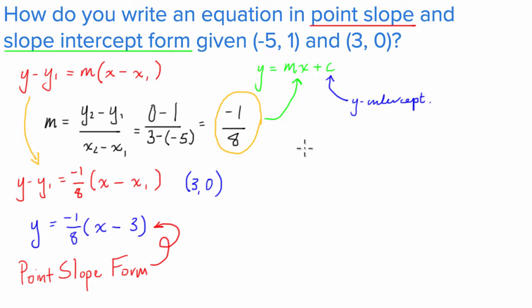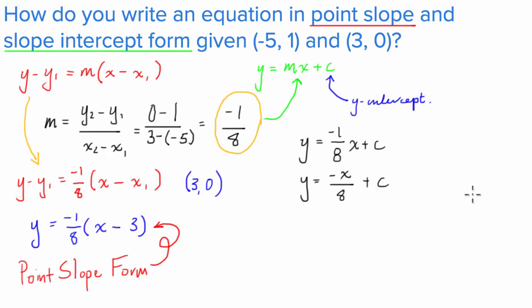So we're going to have y is equal to negative 1 over 8, x plus c. Now we can rearrange this so it looks a little bit neater. y is equal to negative x on 8 plus c.